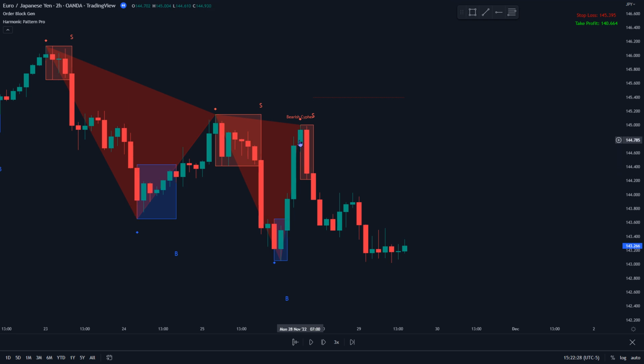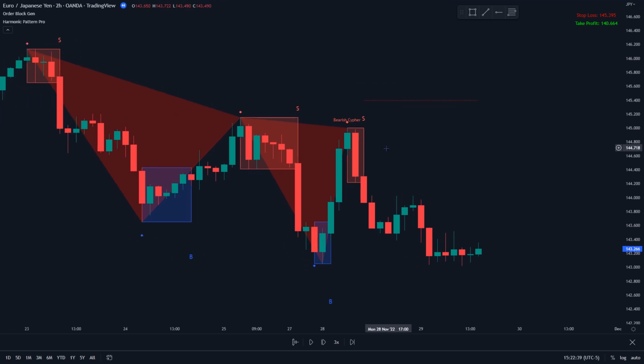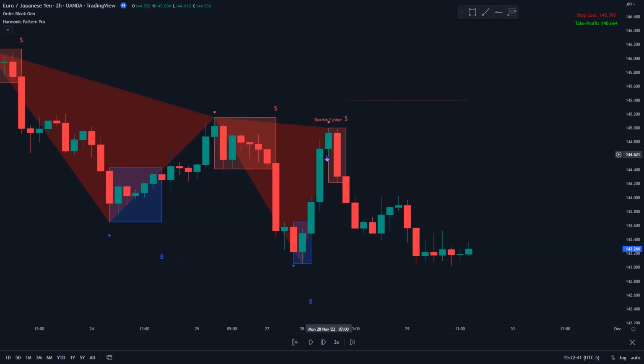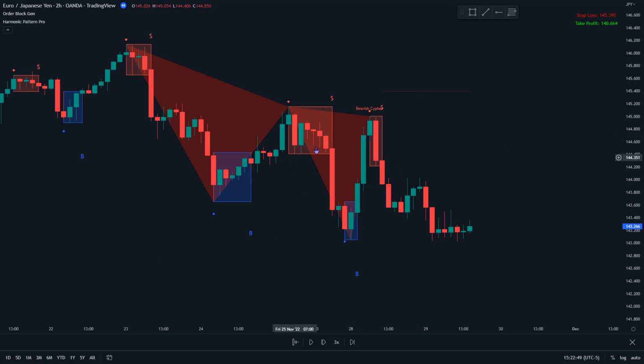So, as this green candle has closed, the pattern forms here with this 7 o'clock candle. So I just want to note that at 7 a.m. New York time, the bearish cipher has formed as it's going into the bearish order block.